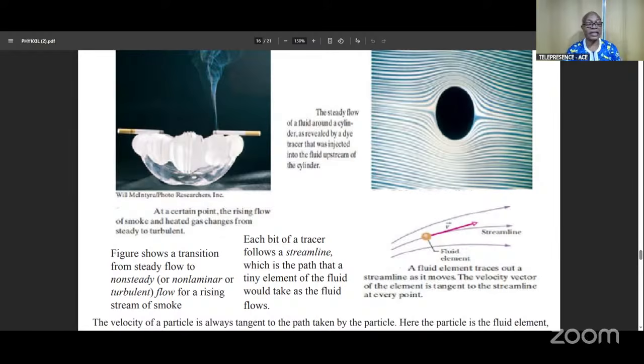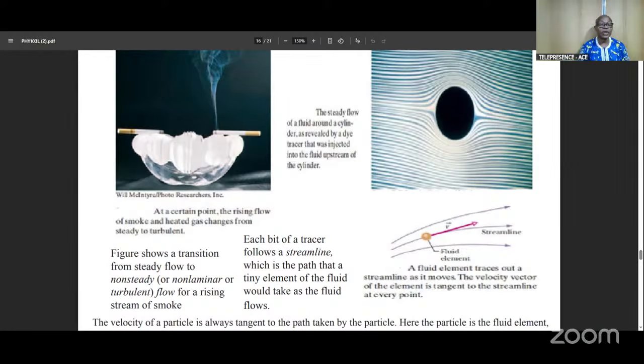Then we should know that each bit of a tracer, in the other figure on your right, follows a streamline. You can see that the streamlines, even in the flow around the cylinder on our right, none of them crosses another. They won't cross; they only attempt to cross when there's an obstruction. So we can theoretically draw what we call a streamline, in the second figure on your right.